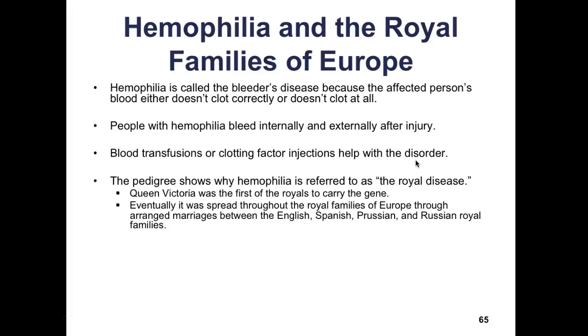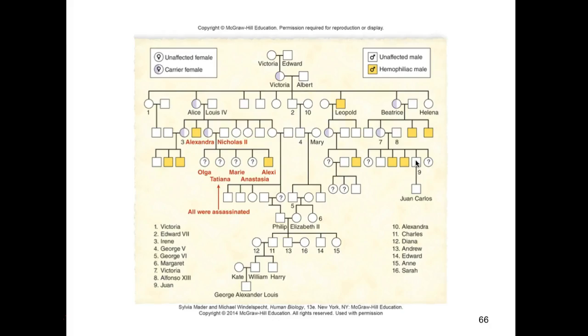This pedigree will show how, through close relationships within the royal family, especially during the era of Queen Victoria, hemophilia was passed on. Queen Victoria was the first of the royals to carry the gene, and eventually it spread throughout the royal families of Europe through arranged marriages between the English, Spanish, Prussian, and Russian royal families. So here you see Victoria and Edward, who had a daughter, Queen Victoria, who married Albert.